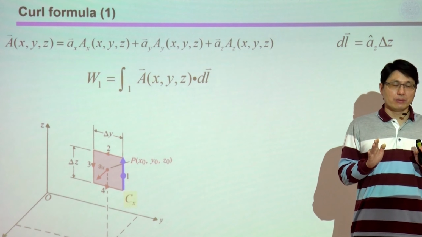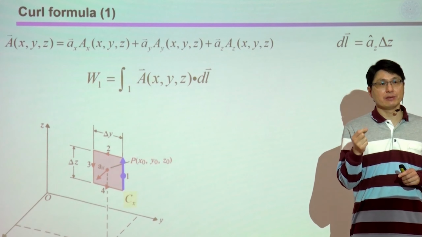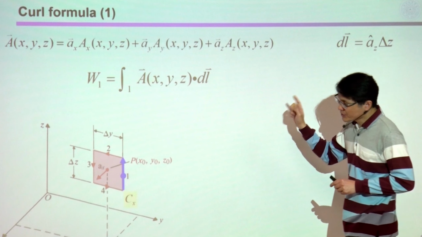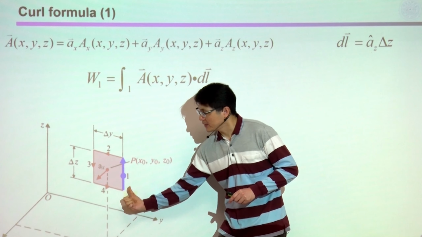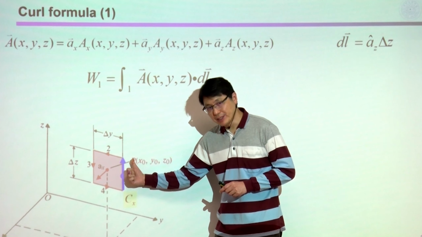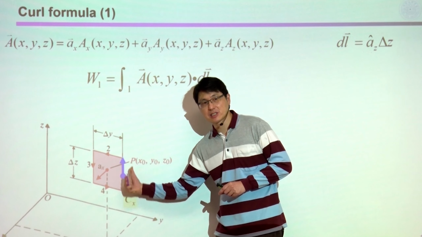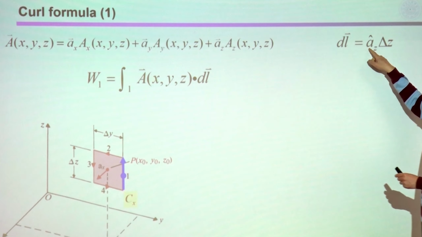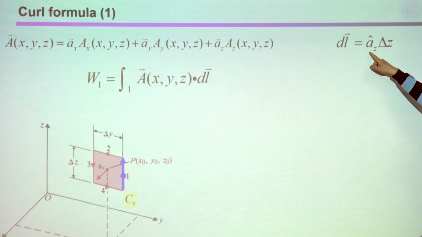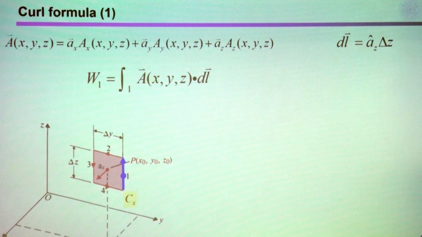All you need to know is how to properly formulate the differential length in this case. So in this case, segment number 1 is pointing upwards, which means the unit direction is in the positive z direction. Positive z direction and with a length of delta z.